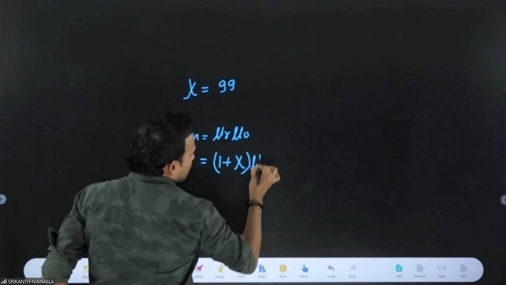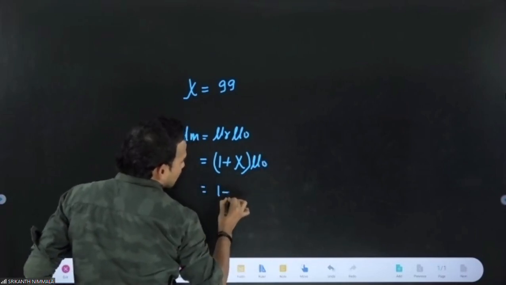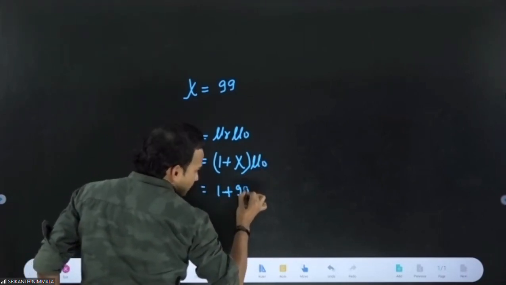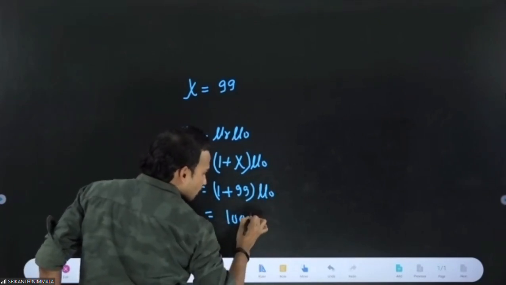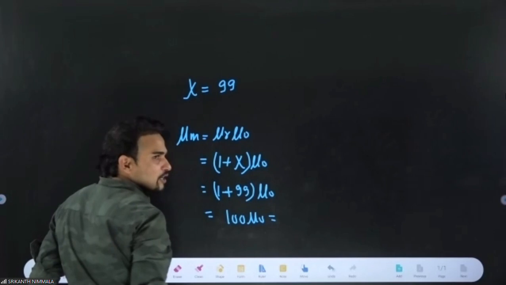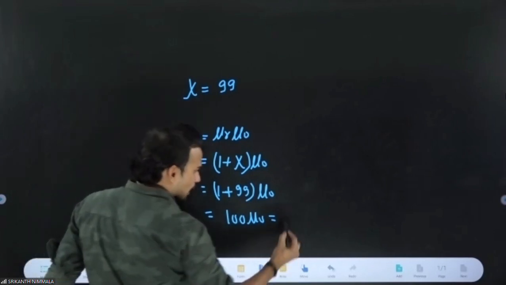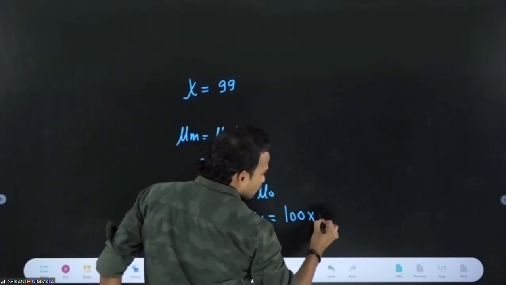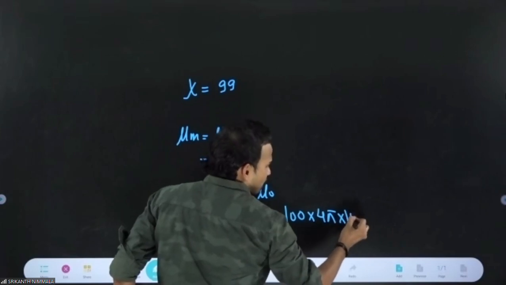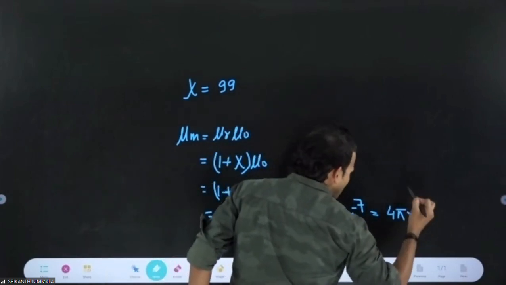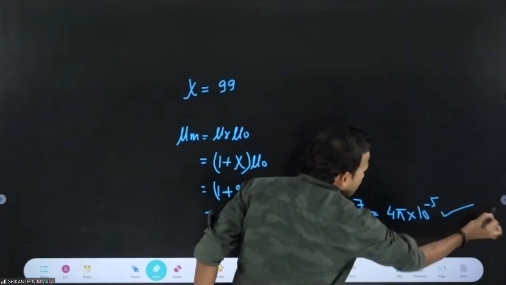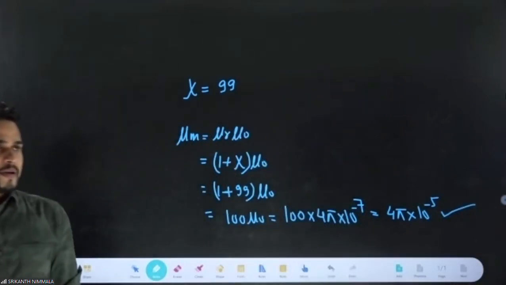So 1 plus Xi into mu naught. Xi is given 99. So 1 plus 99 into mu naught. 1 plus 99 is 100. 100 mu naught. But this will not be present in your NEET exam options. Mu naught is 4 pi into 10 to the power minus 7. So the final answer will come 4 pi into 10 to the power minus 5. This is the answer.